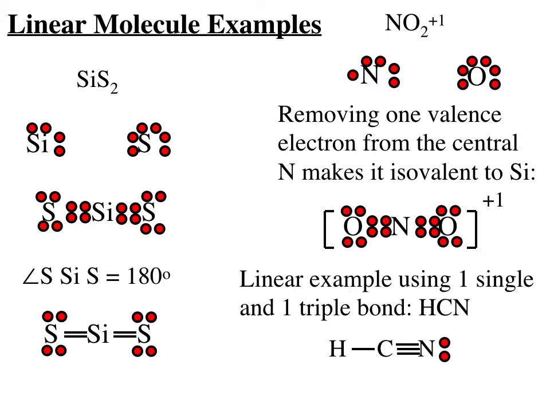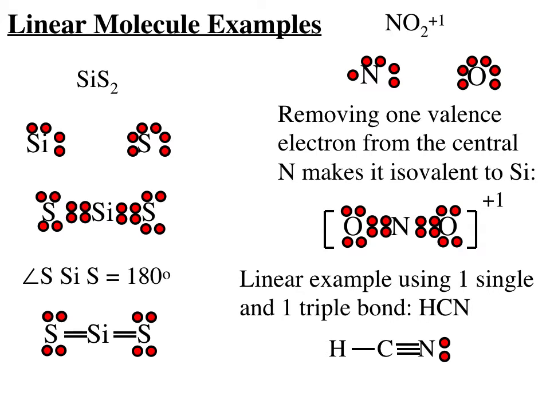So with dots, I show you the Lewis dot structure of the silicon disulfide, and then below that with lines, I show you the Lewis dot structure of silicon disulfide. Notice there are no lone pairs on the central Si. The bond pairs, whether they're single or double, push each other as far apart as possible. They push 180 degrees apart and stop.